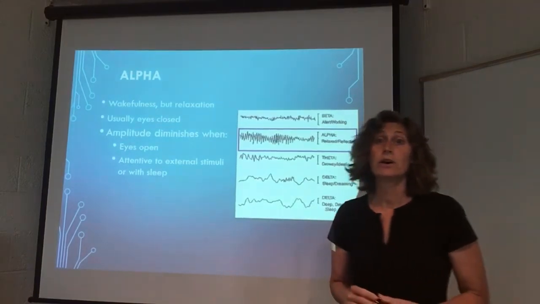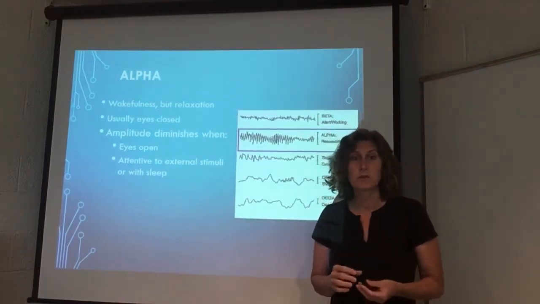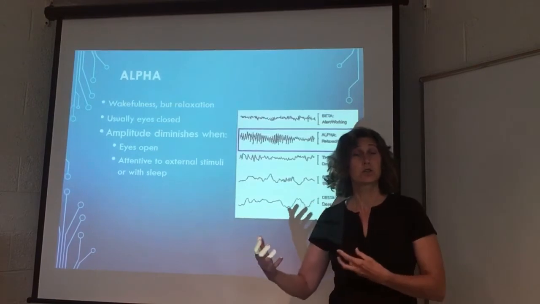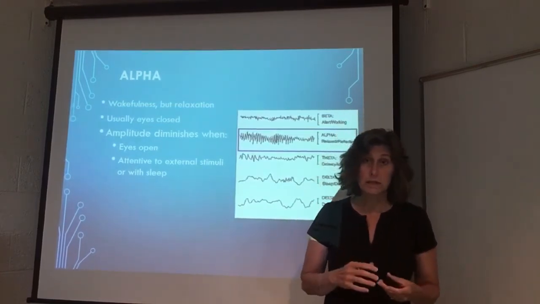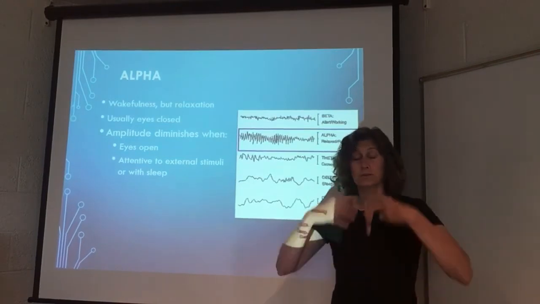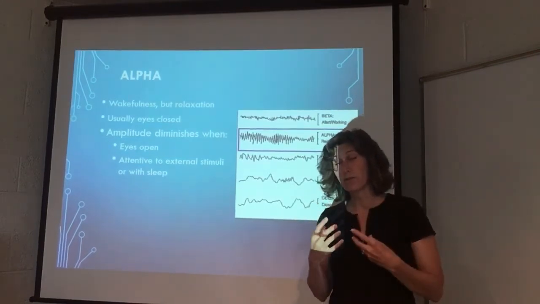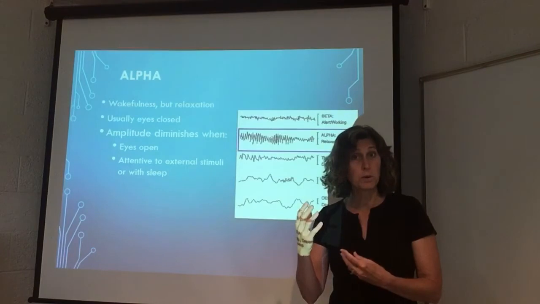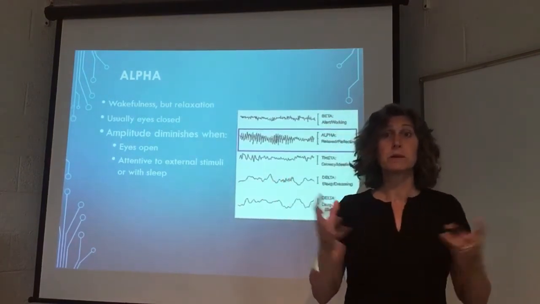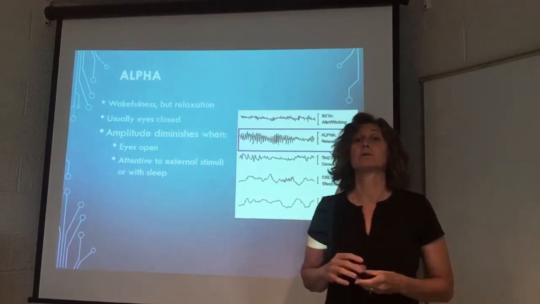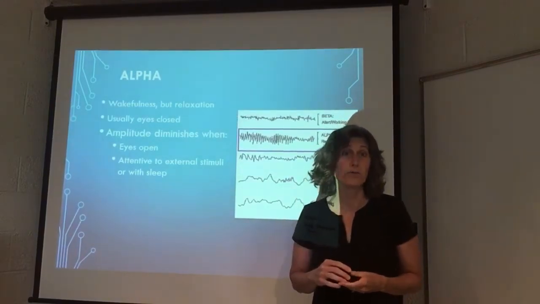Alpha amplitude can also be diminished when somebody is attending to external stimuli, or with sleep. So if somebody has their eyes closed and they're in alpha, and obviously eyes open would block it, but forcing them to attend to an external stimulus, like an auditory stimulus, can also draw them out of alpha.